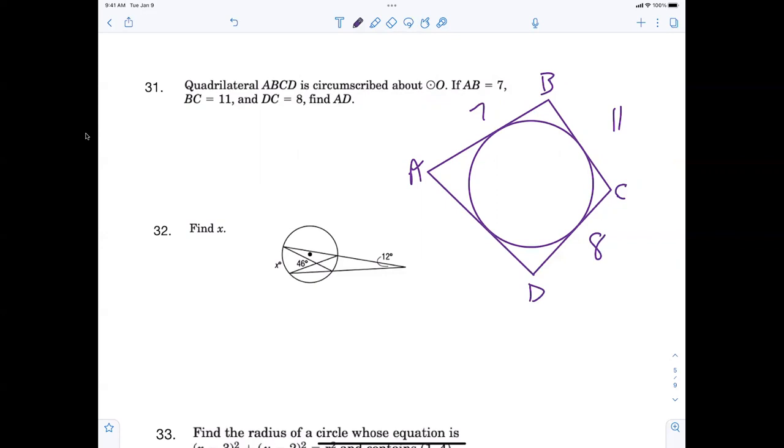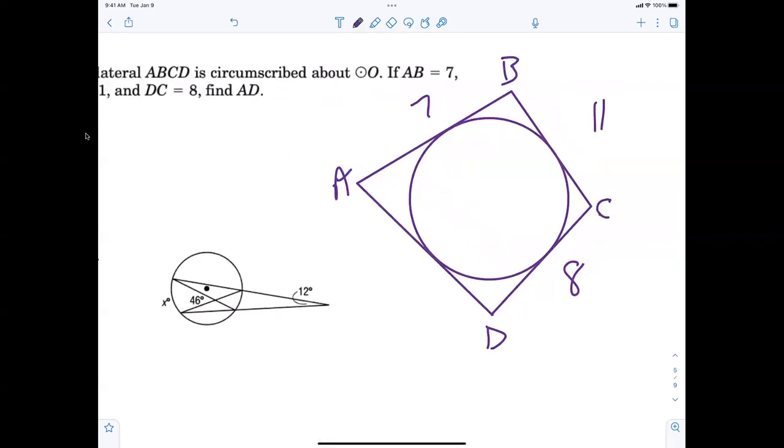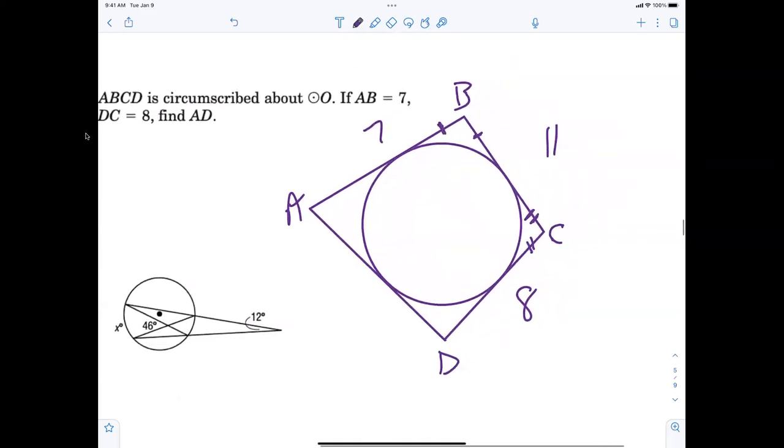All right, so let's try to figure this out. Does everybody agree that this is equal to this, right? Yeah. This is equal to this, right? So if I say this is A, this is also A, correct?